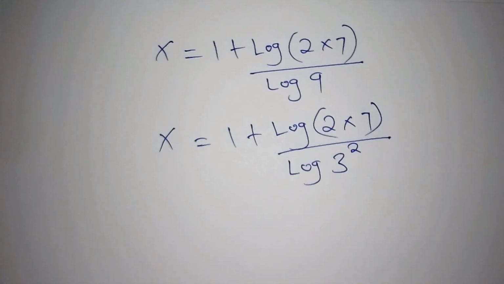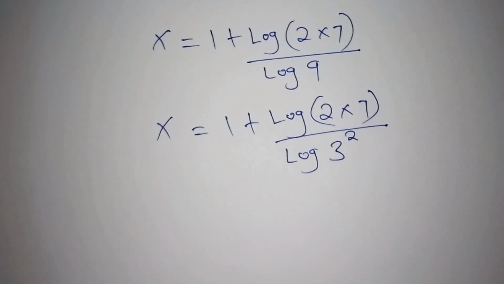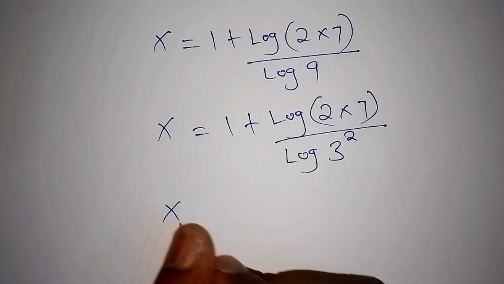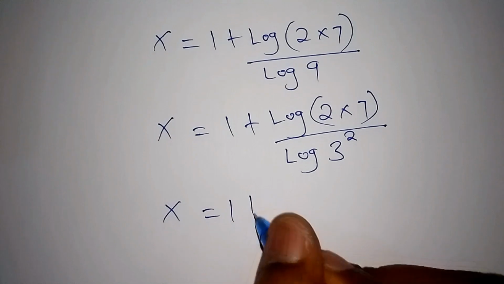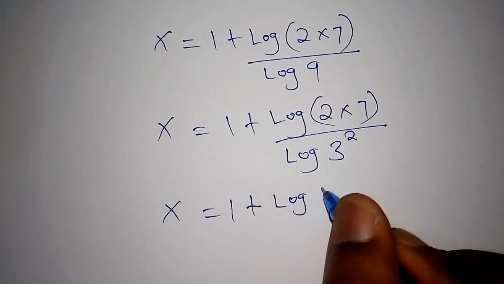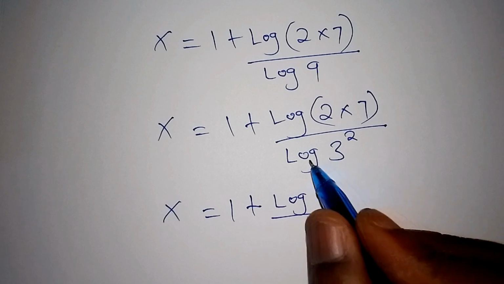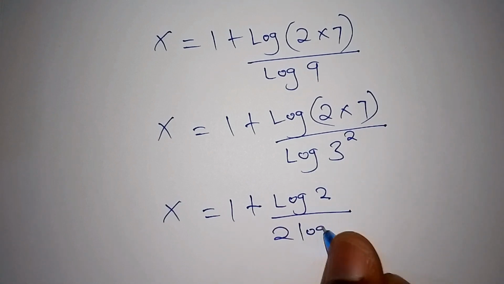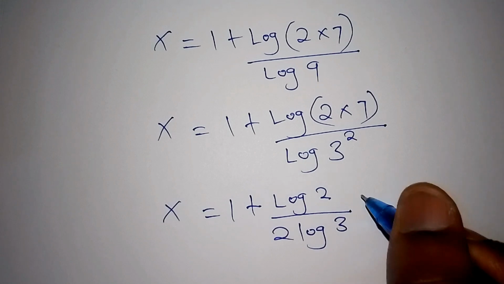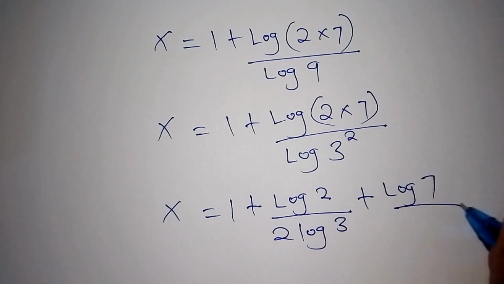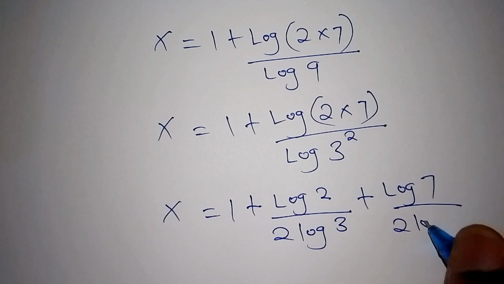Here we proceed, and x is equal to 1 plus, when we split this part, we have the log of 2 all over, log of 3 to the power of 2 can also be written as 2 log 3, then plus log 7 all over 2 log 3.